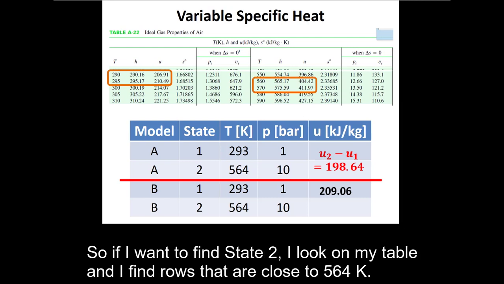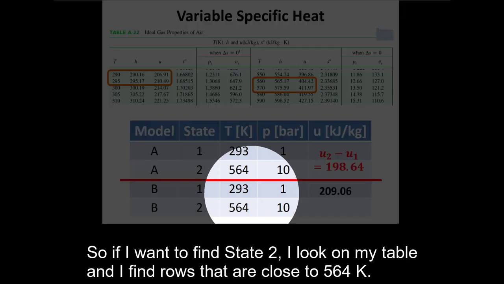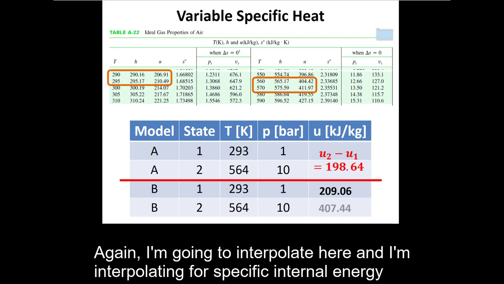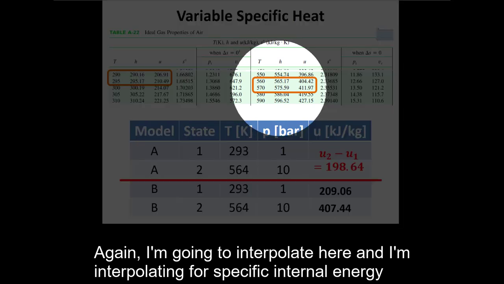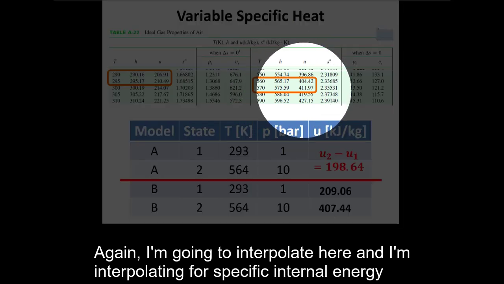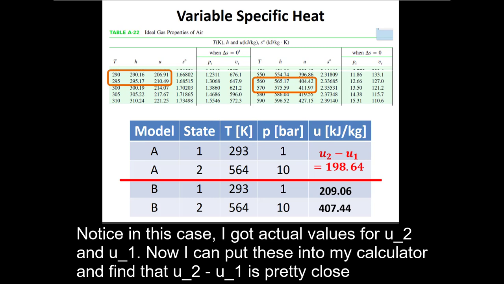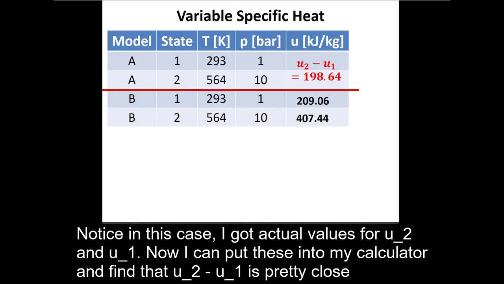If I want to find state 2, I look on my table and I find rows that are close to 564. Again, I'm going to interpolate for specific internal energy, and I find that U of state 2 is 407.44. Notice in this case, I got actual values for U2 and U1.